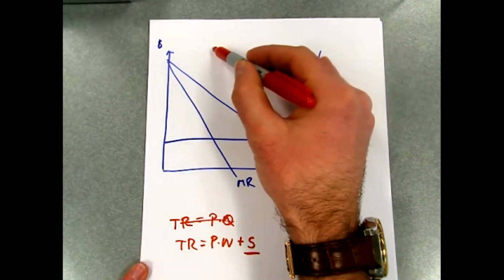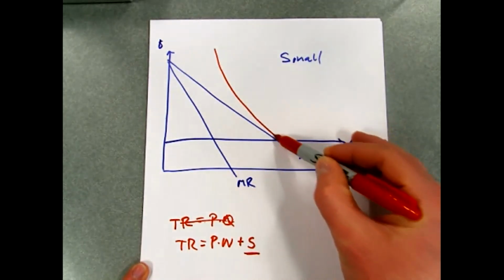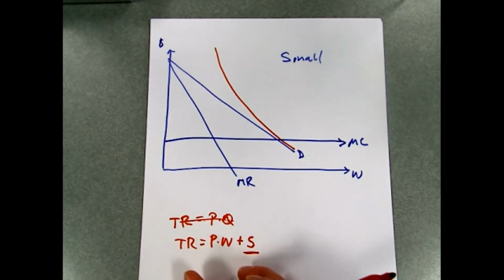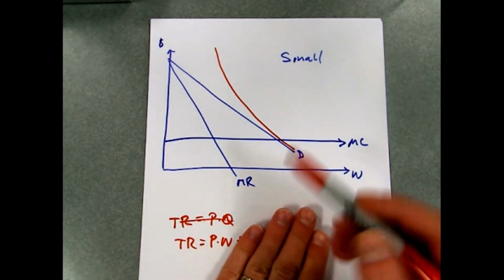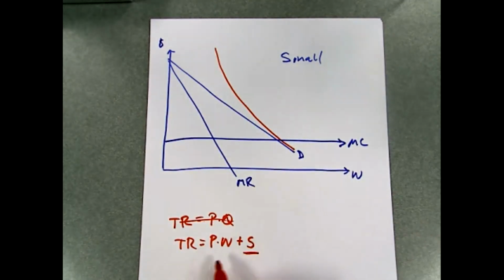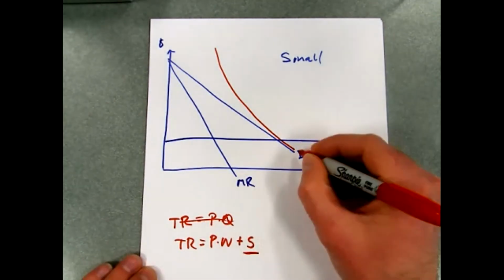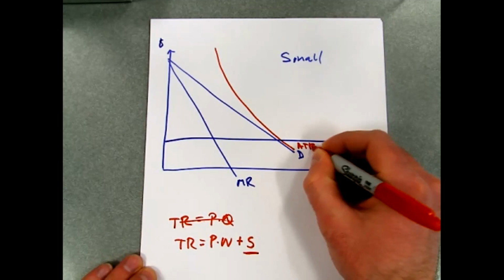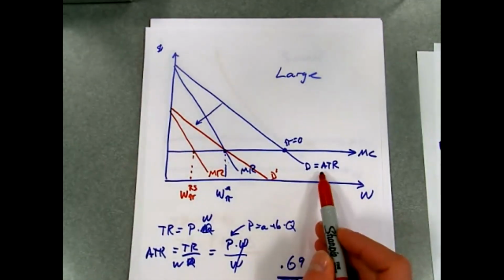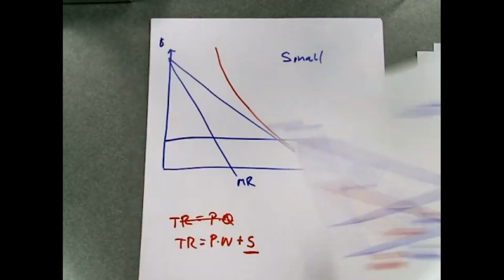So now what happens is that as I win more games, that difference between what total revenue used to be, or average total revenue being my demand curve, now my average total revenue is a little bit higher than the demand curve. Remember before, without any league transfers, my demand curve was average total revenue.